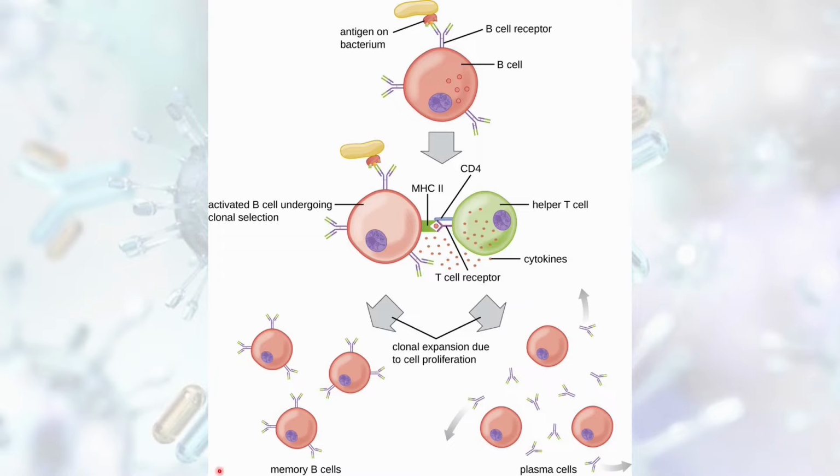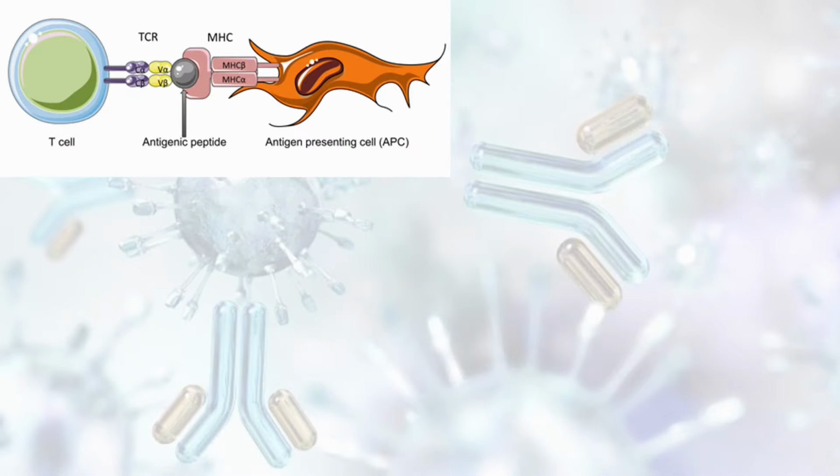And this is how the CD4 T cell helps the B cell to differentiate into plasma cells, isotype switching of antibodies, and make memory B cells, and that's most important. Alright, I told you guys before that T cells require a protein antigen in order to work.